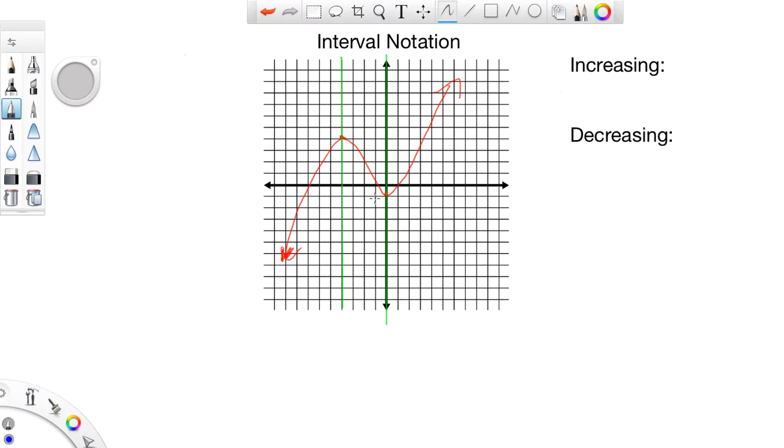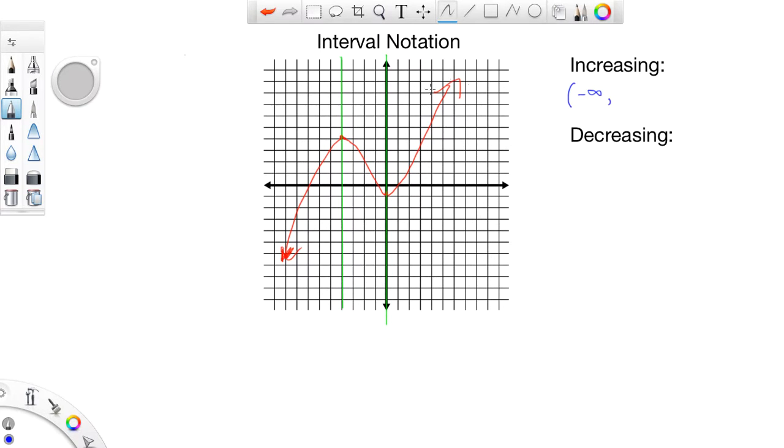Since the function is increasing from then all the way up until here, we're going to write that in the increasing column. So under increasing, I'm going to start with a parenthesis, negative infinity, and put a comma in here, and write the next value as where it's finished increasing.